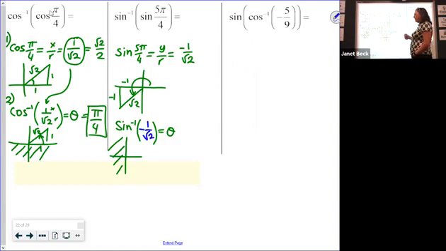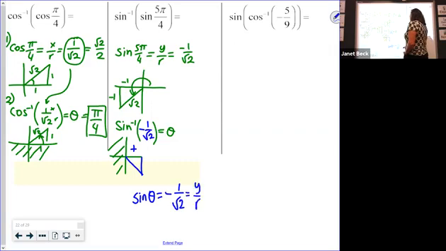So we're looking at the inverse sine of -1 over root 2. So I'm not going to be looking in quadrant 1, I must be looking down here. And I know that the sine of this angle I'm looking for is -1 over the square root of 2, where that's my y and that's my r.